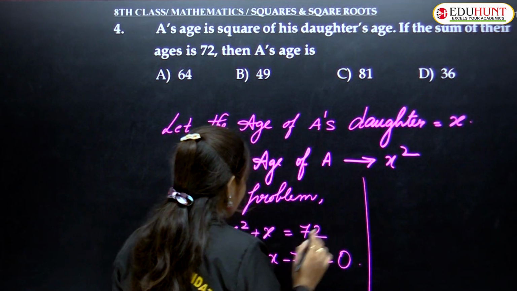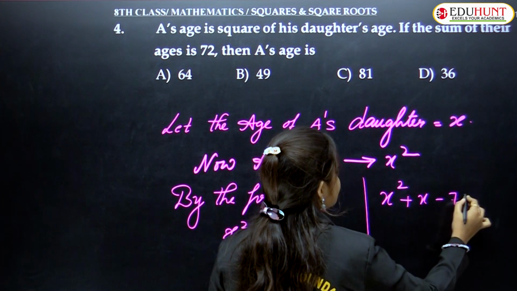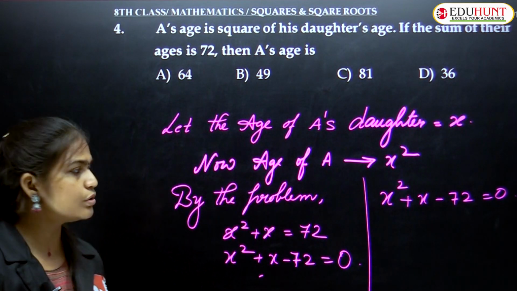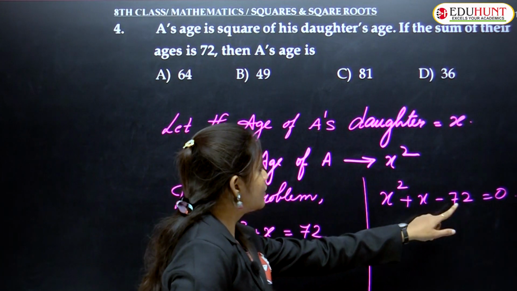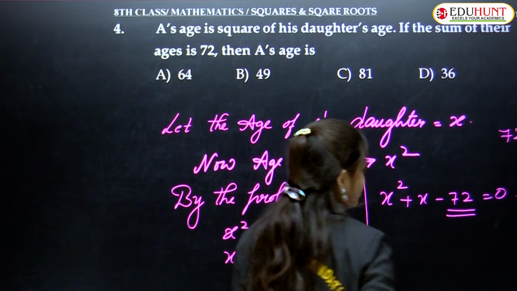Okay, so children, see here, x square plus x minus 72. I think this concept has not been touched up to now. So that's why I'll tell you the basics. So what is the constant value here? The constant value is 72.